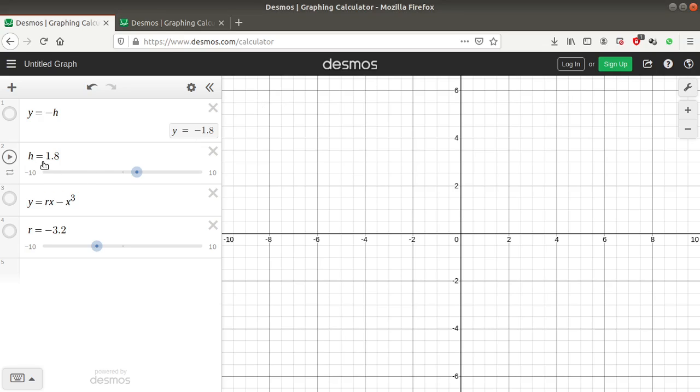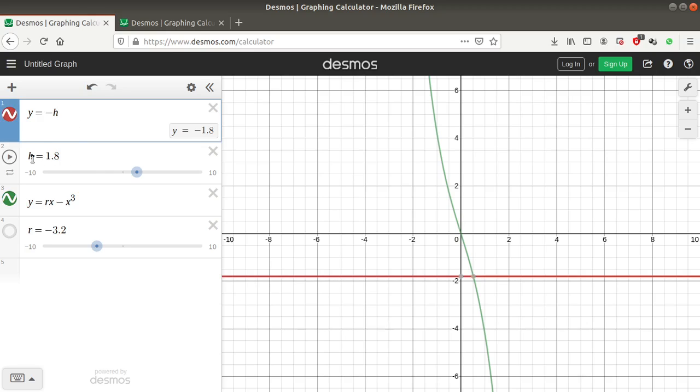This is g1 of x, and that's g2 of x. For some value of h and some value of r, they intersect. Right now the system has two control parameters, one is r and another one is h.